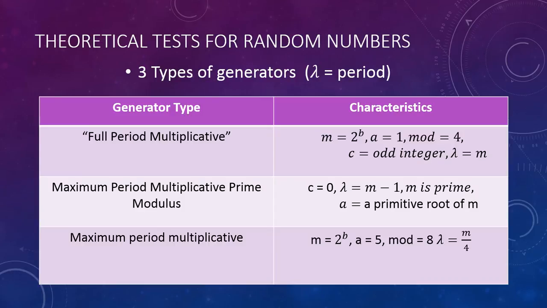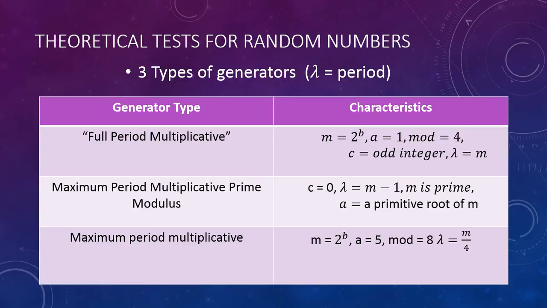The second type is the maximum period multiplicative with prime modulus, where c is equal to 0, lambda is equal to m minus 1, m is prime, and a is a primitive root of m.